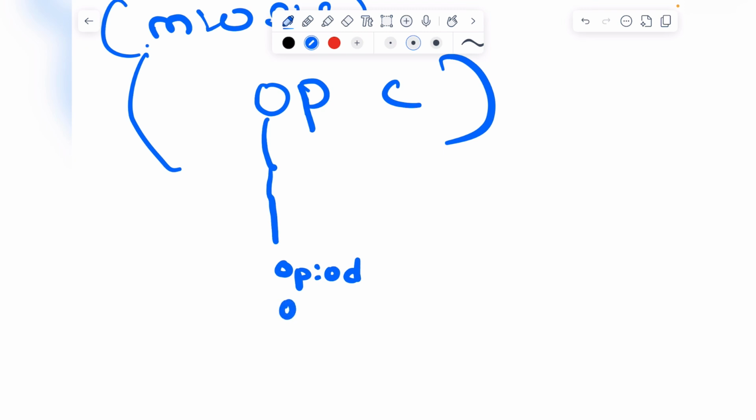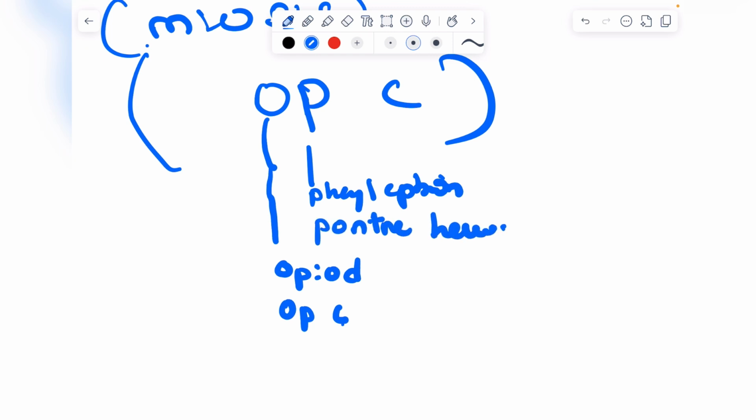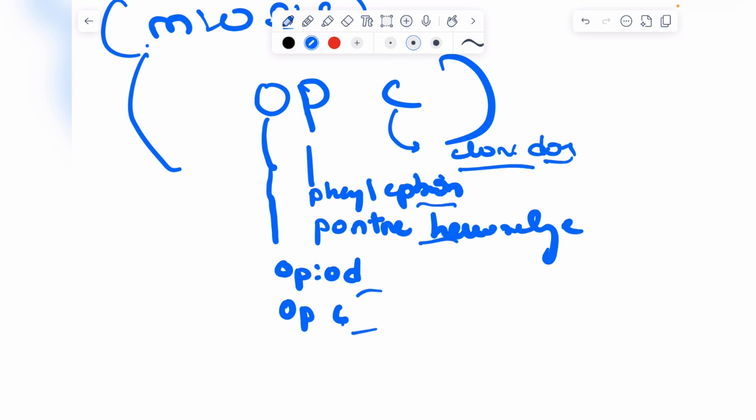O also stands for organophosphate compounds. P stands for phenylephrine. P also stands for pontine hemorrhage. C stands for clonidine, as discussed just now. So these are the five possible toxic causes of miosis.